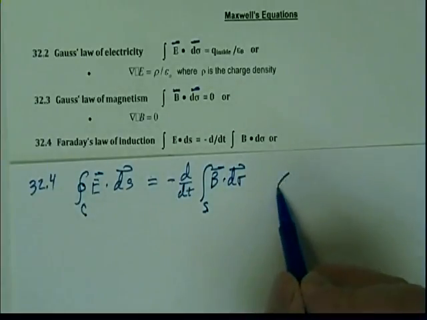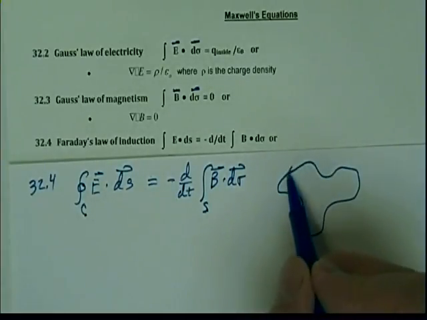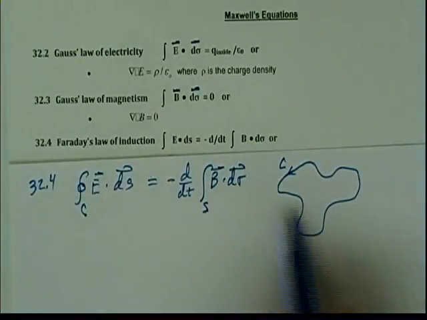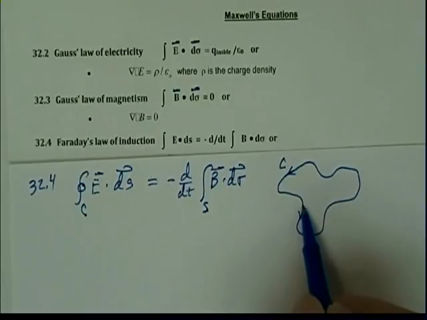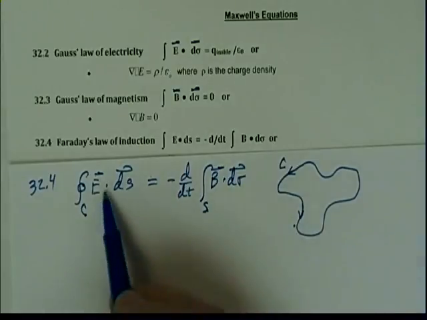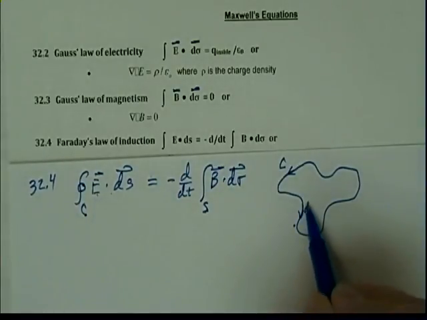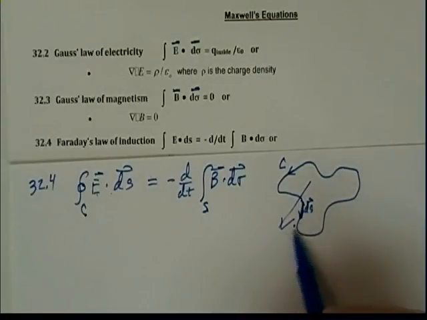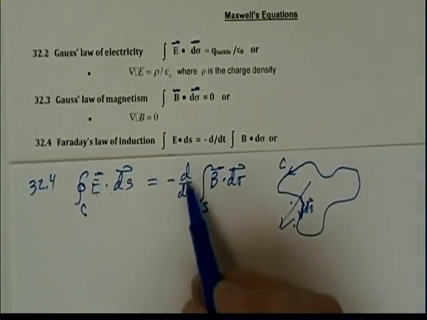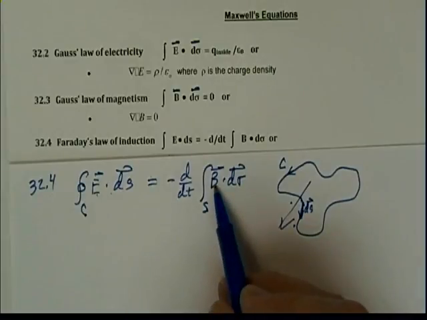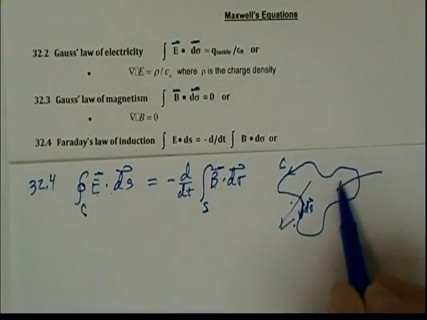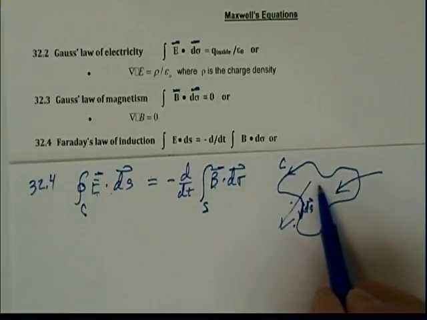So if we have a closed curve, C, and we take the electric field and add it up all the way around this closed curve, take the electric field, dot it with ds, a little vector element of distance, dot it with whatever the electric field might be at that point, and add it up all the way around the circle, then what we'll get is the time rate of change, how rapidly the magnetic field is changing through this surface.